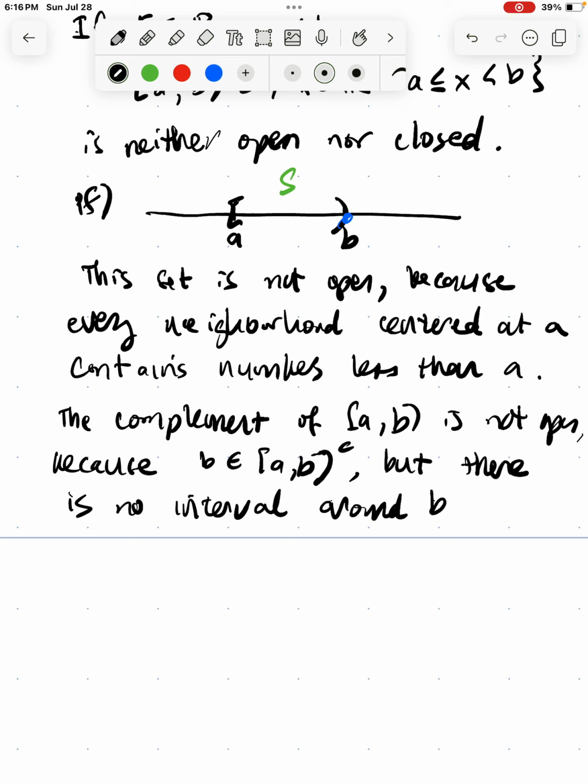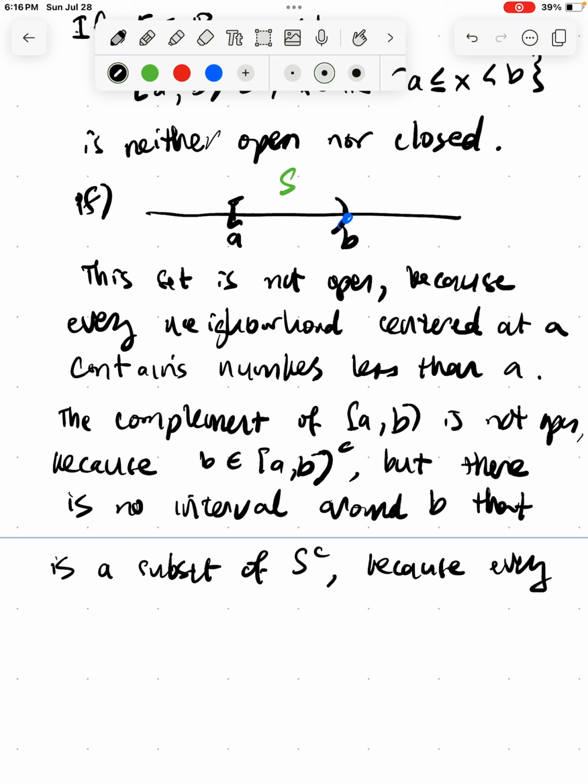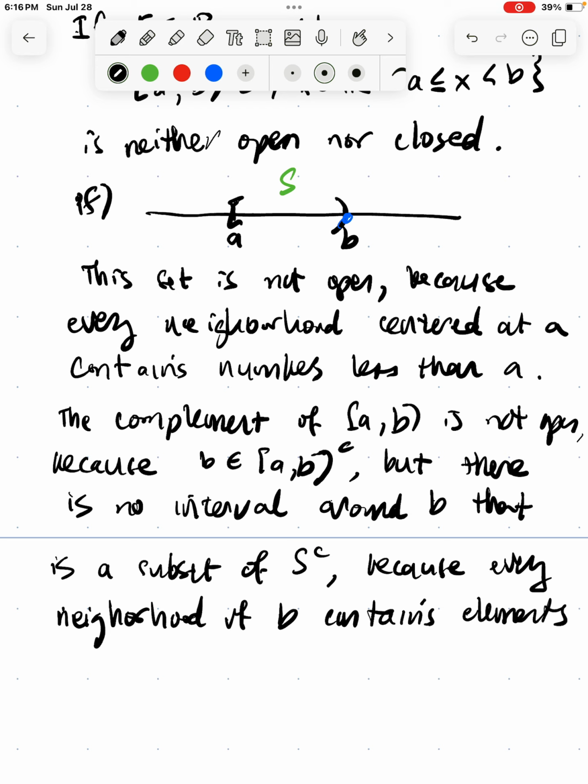There's no interval around B that is a subset of S complement, because every neighborhood of B contains elements in the interval from A to B. I was going to say less than B, but it's not just that.